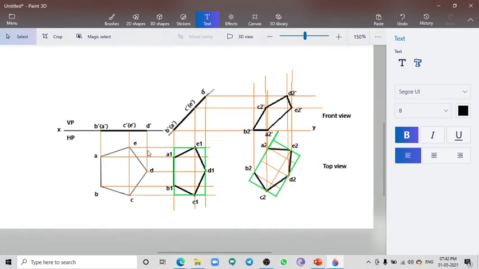First we have to draw the top view, then project it to obtain the front view, then incline the obtained front view for the given angle, which is the surface inclination. Then project all the points to get the top view in the second stage, and then move towards the third stage by inclining a side, which is given in the question, and project all the points and identify the final points to draw the final front view.